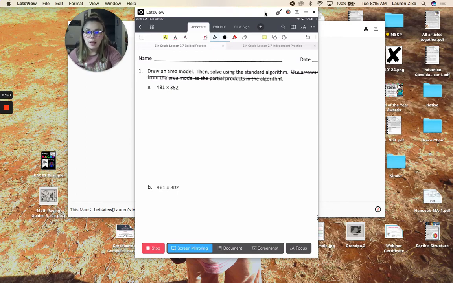Since we have two three-digit numbers, we need to make sure that our box for our area model has space for all of the numbers. So we need to draw a box that is big enough.